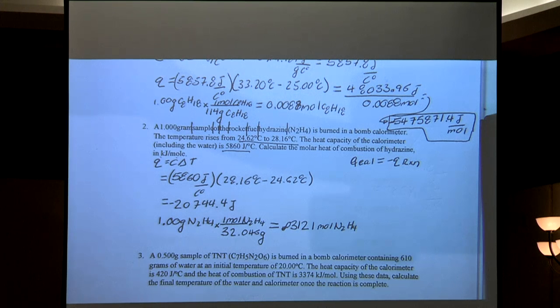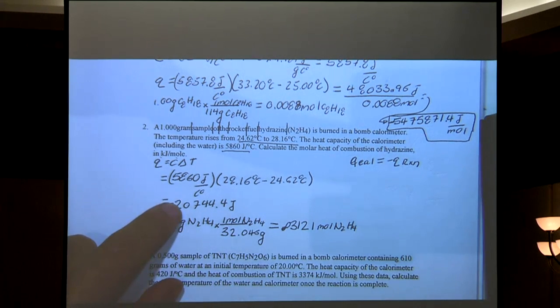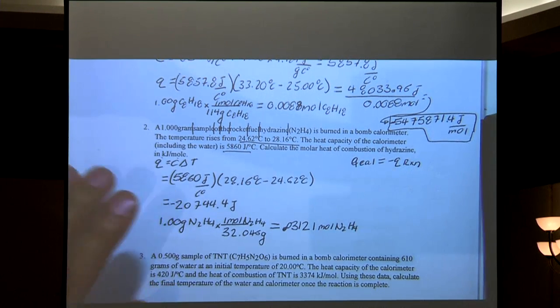I burned 1 gram on the table, a little fire. Now I'm burning 32 grams, which is going to release more energy. The 32 grams or the 1 gram? 32 grams, cool. So I expect my molar heat of combustion to be higher than this number in terms of magnitude, which means don't worry about the sign.